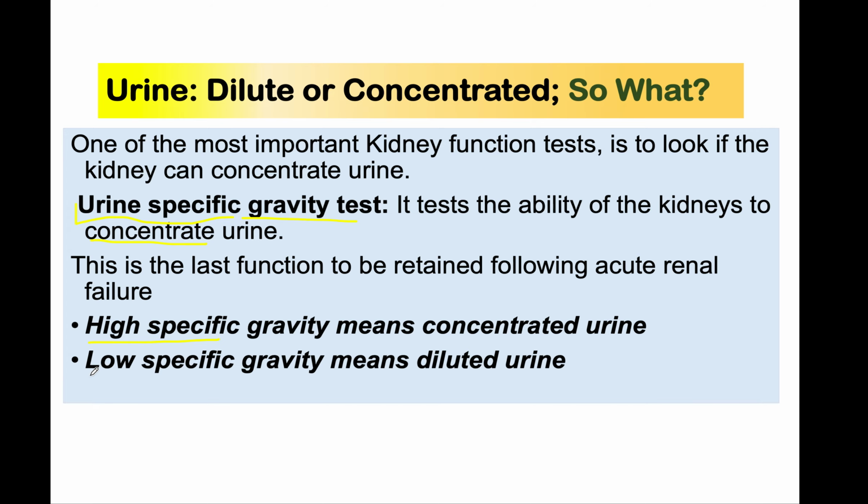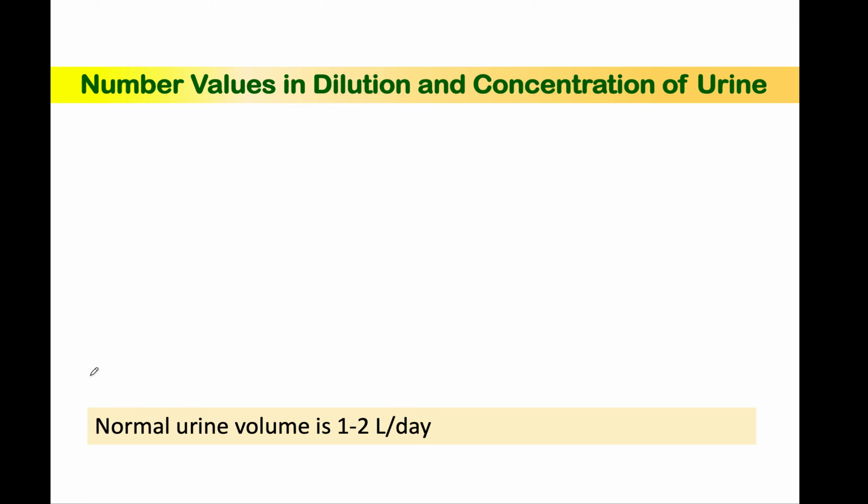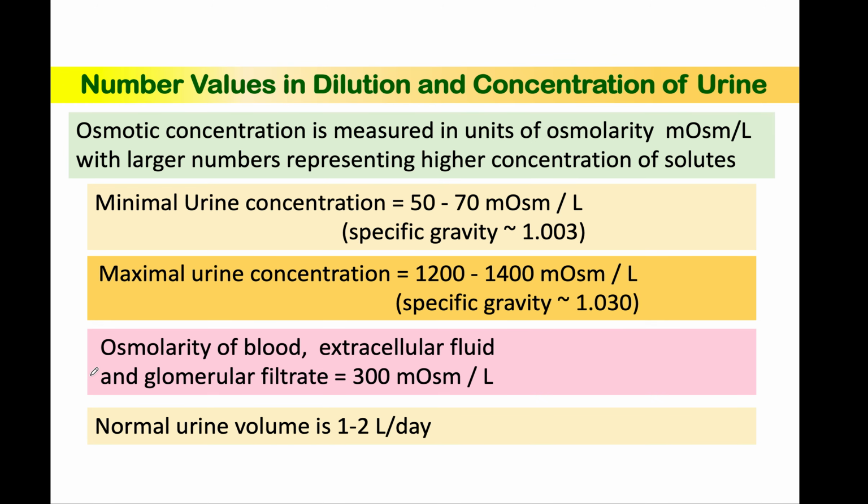However, urine is not pure water. The urine has dissolved solids in it. So that's why it weighs more than water. Its specific gravity ranges from 1.001 to 1.03. It depends.